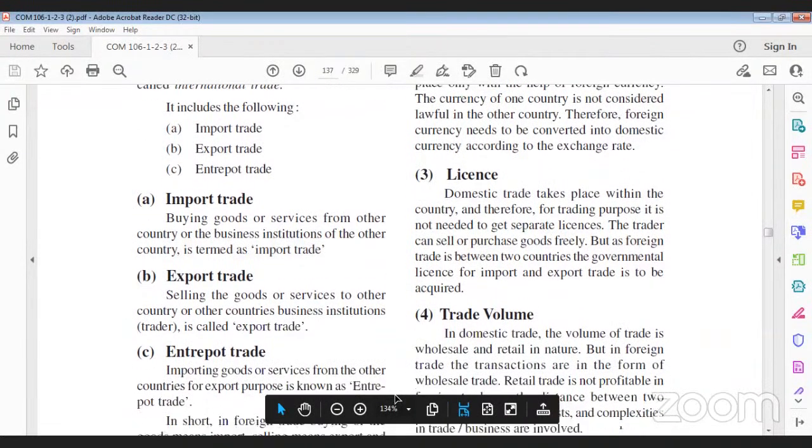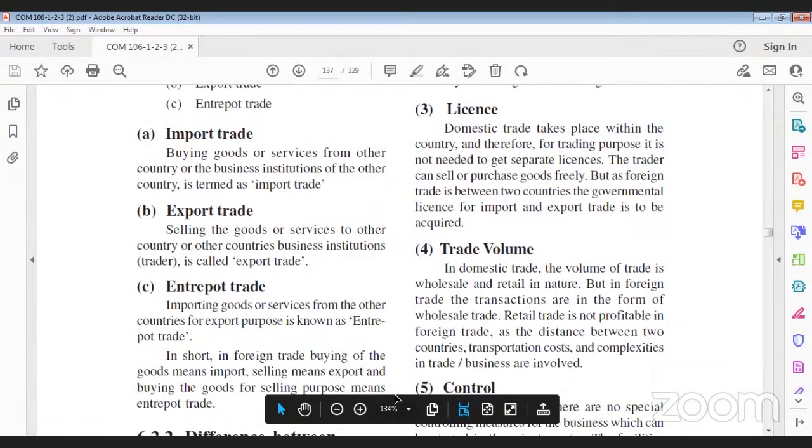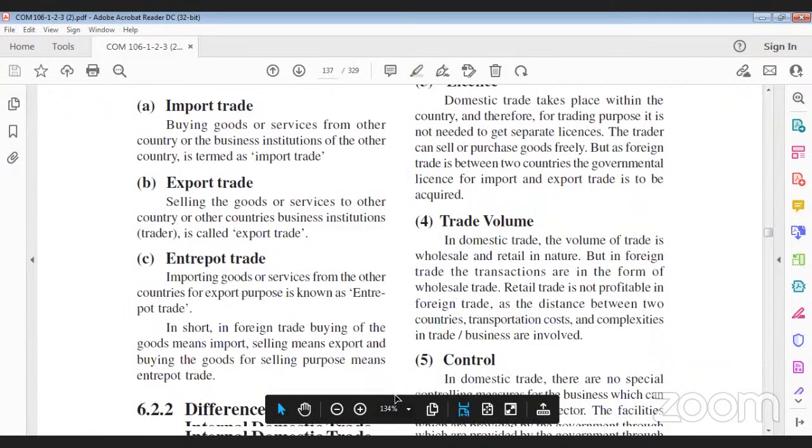Then the fourth point of difference is that of trade volume. In domestic trade, the volume of trade is wholesale and retail in nature. But in foreign trade, the transactions are in the form of wholesale trade only.